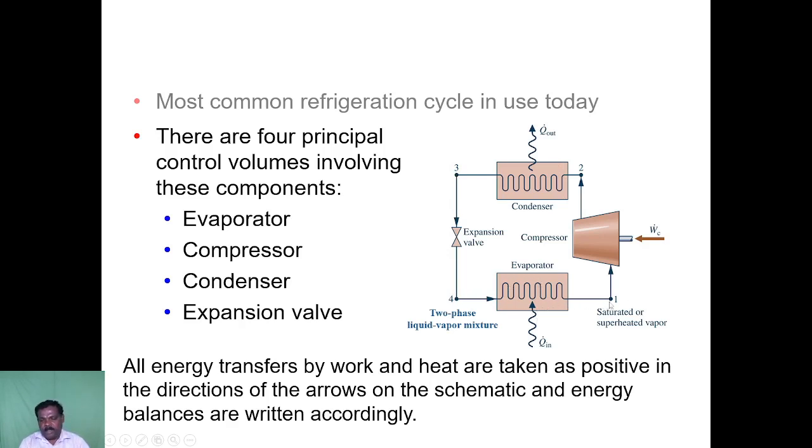The refrigerant comes out with some property and enters the compressor. Then it comes out with some property. So between entering and exit, the property of the refrigerant will change. The refrigerant flows throughout the cycle to get the refrigeration effect.